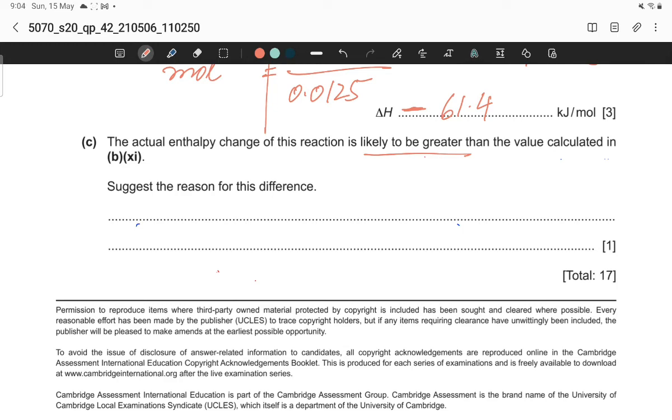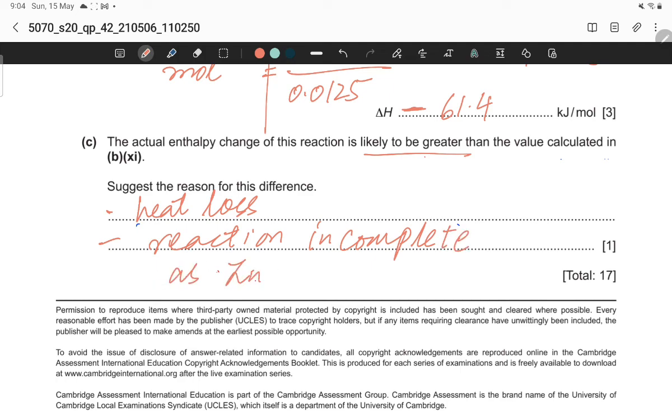The main error should be heat loss, because we are using a glass beaker and heat loss can occur. The reaction might also be incomplete, as the zinc is coated. So these are the two reasons for this difference.